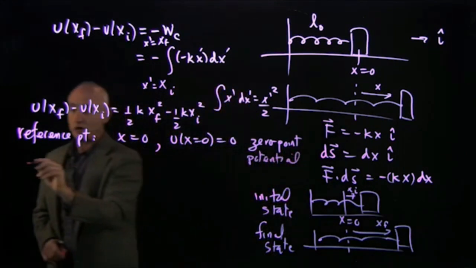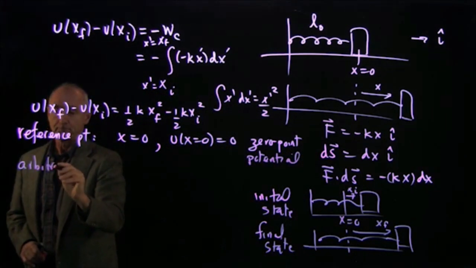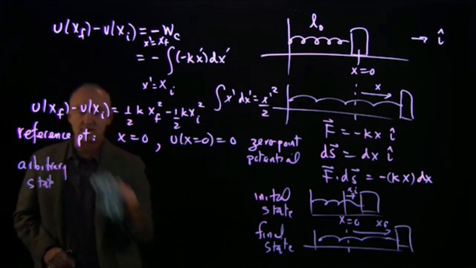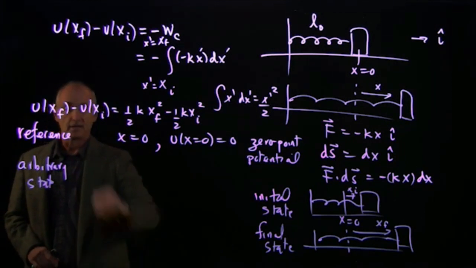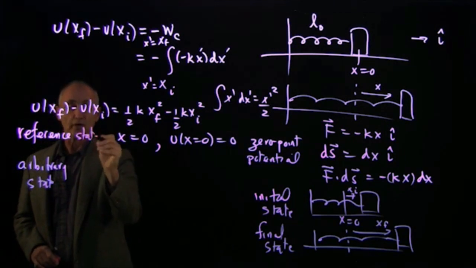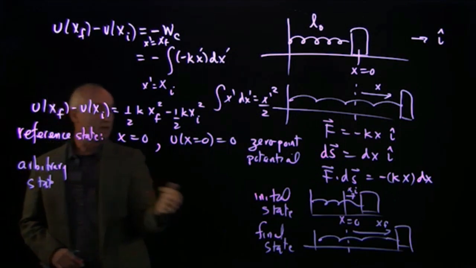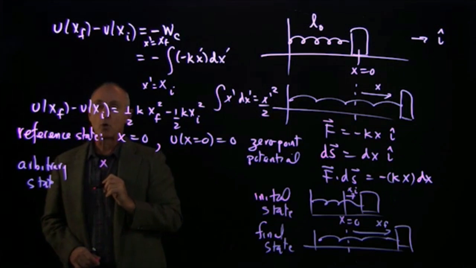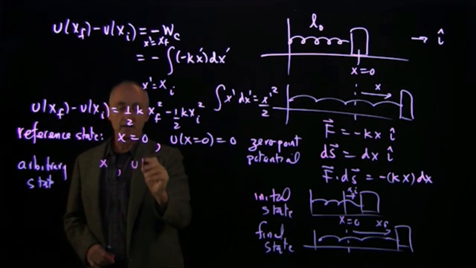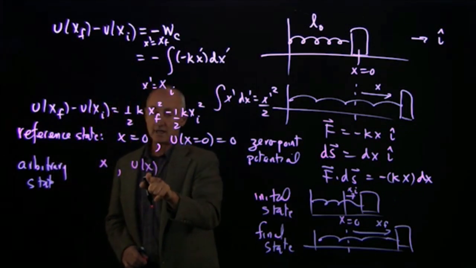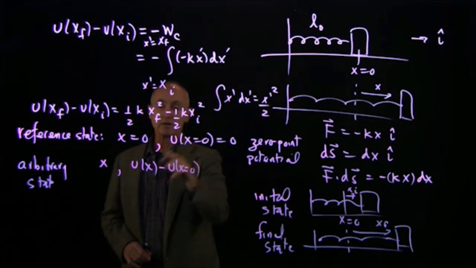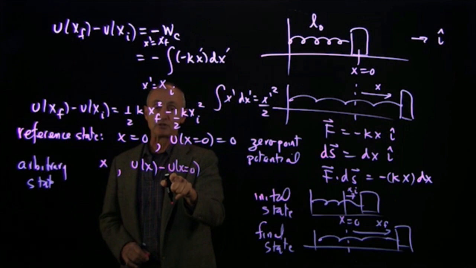And then our arbitrary state, we can call this the reference state, if you like. That's probably better than the reference point. Our arbitrary state will be at some arbitrary stretch or compression, and our potential energy function is the potential energy at the arbitrary state minus the reference state.